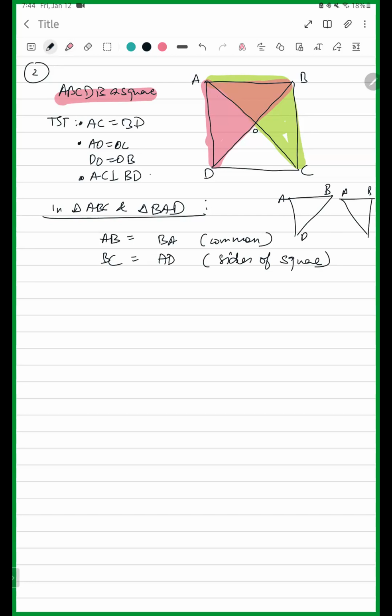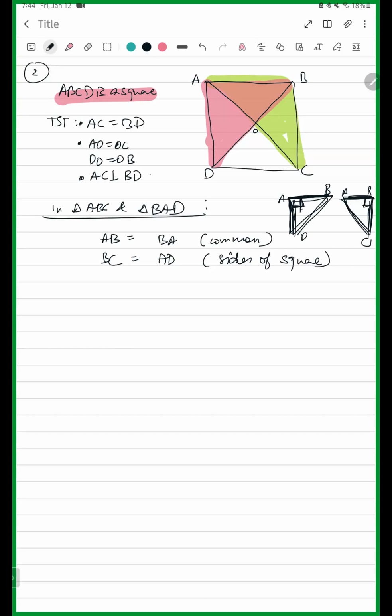Here we are talking about triangle ABC like this, and its mirror image, triangle BAD. They are mirror images of each other. We said AB is equal to BA, AD is equal to BC. And the third thing is that this angle and this angle are equal because they are 90 degrees.